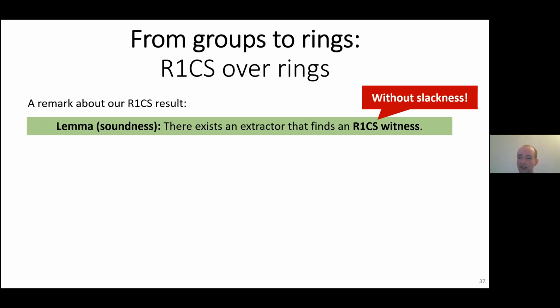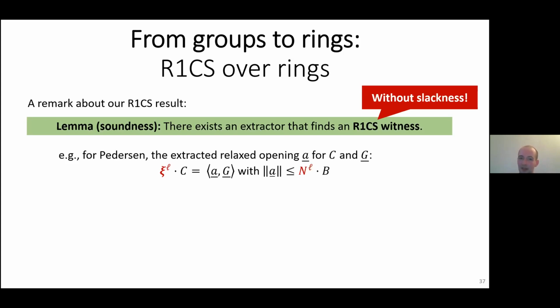We don't have to worry about getting an approximate R1CS solution or something like that. And the reason for this is if we get a relaxed opening for a certain Pedersen commitment, then you can see this as a strange fractional opening of the Pedersen commitment.